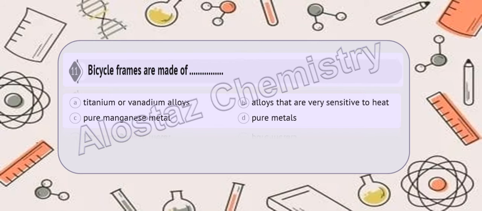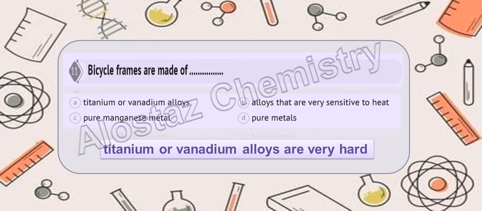How can we know? The frames must resist corrosion and be very light, so the whole bicycle can move with little mass or weight. If we concentrate, titanium or vanadium alloys are very hard, can move a long distance while very light, and can resist corrosion by atmospheric air.